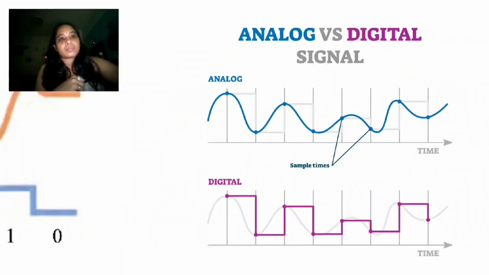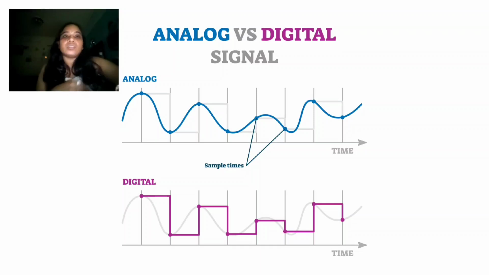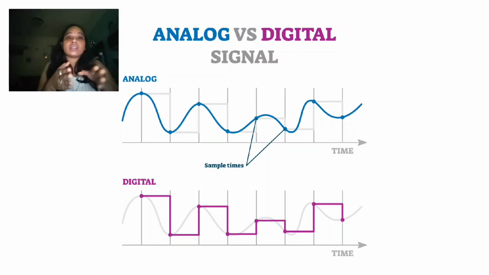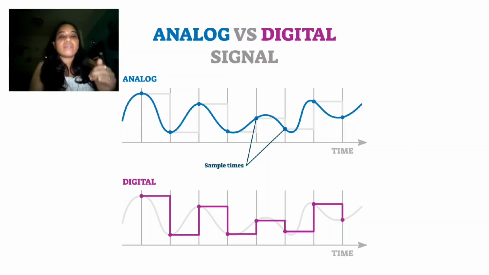Another example for your understanding: analog signals transmit the data like waveforms, and digital signals transmit the data as zeros and ones, that is high and low.